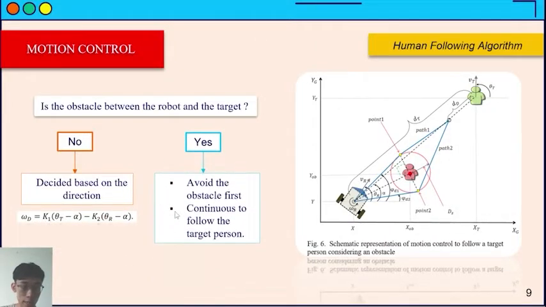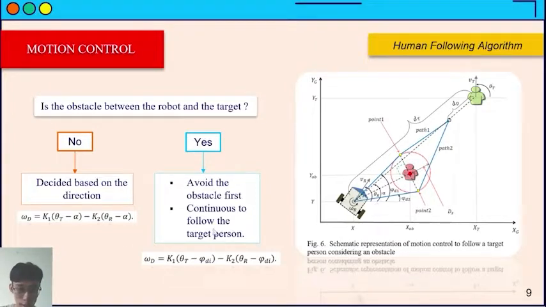And if the answer is yes, it will avoid the obstacle first and continue to follow the target person, omega d here. The difference of the two equations is the alpha and the phi d. You can see the alpha here, the d1, phi d1 and phi d2 here.